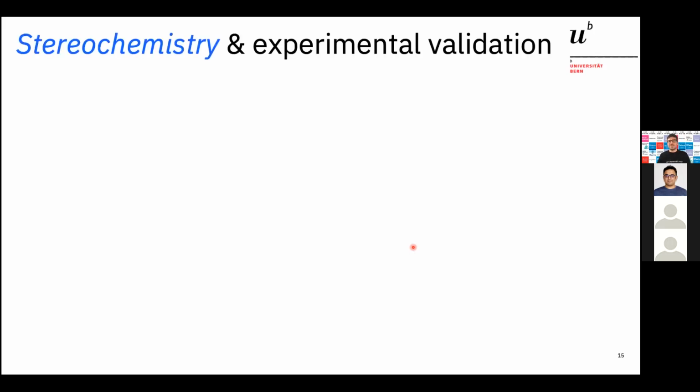When I transitioned from the University of Cambridge to the University of Bern, we asked the question, what is missing in reaction prediction? Two things that were kind of obvious were stereochemistry, which was a weakness of the molecular transformer and not really handled by graph neural network approaches, and experimental validation.